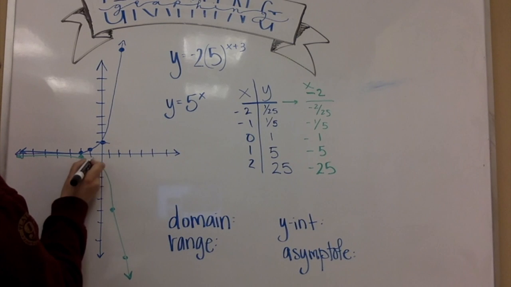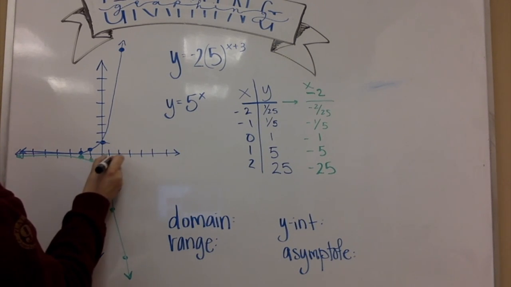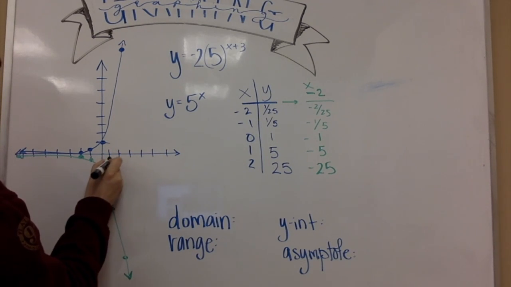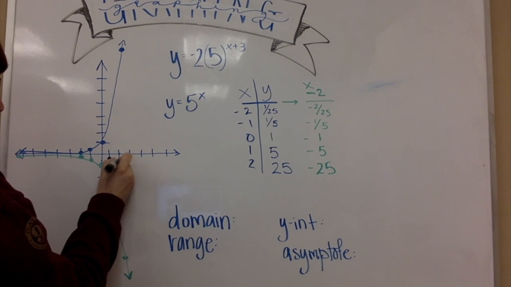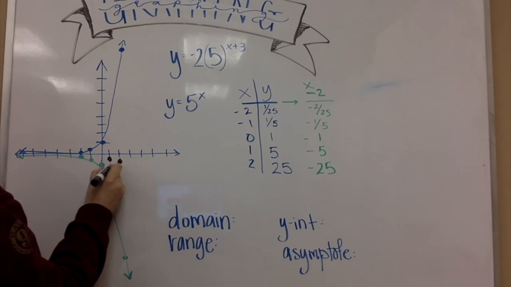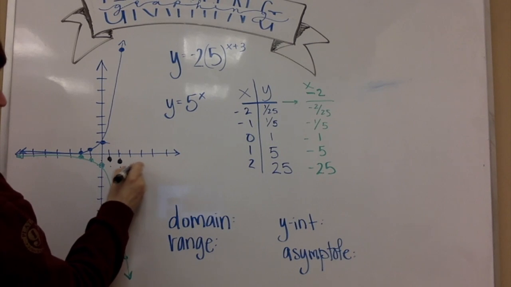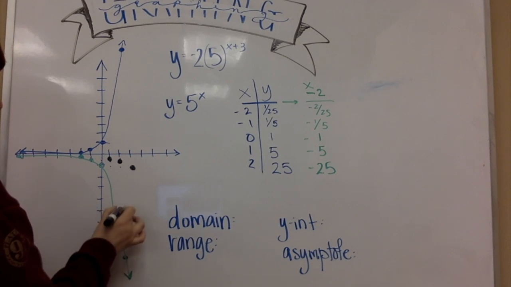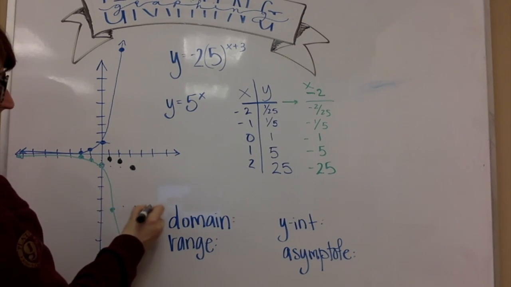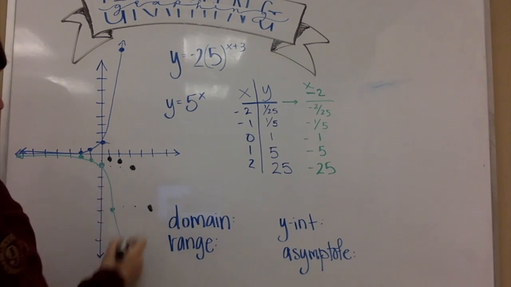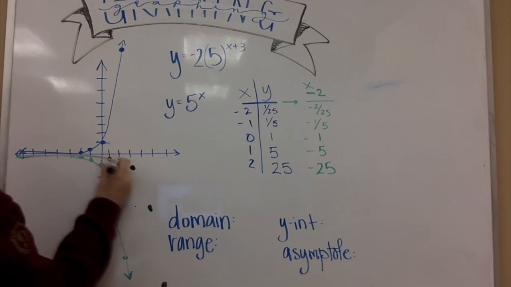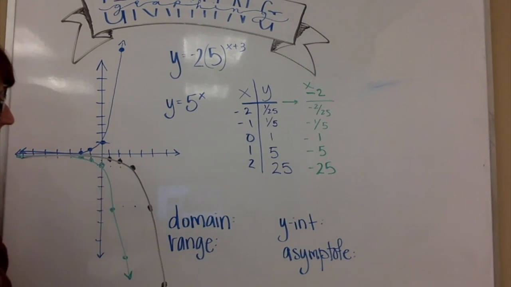So I'm going to move this over 1, 2, 3, right here. 1, 2, 3. 1, 2, 3. Down here, 1, 2, 3, 4, 5. 1, 2, 3. And then my 25 all the way down here in the stratosphere. So my final graph will look like this.